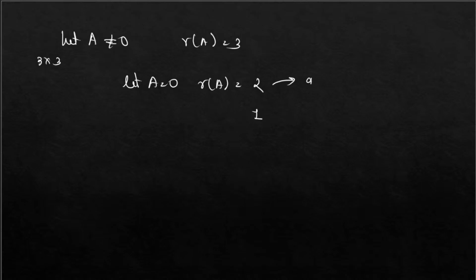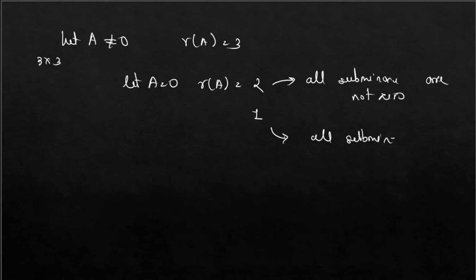It will be 2 when all sub-minors are not 0, if you find that, then the rank is 2. And it is 1 when all sub-minors are 0. Okay.